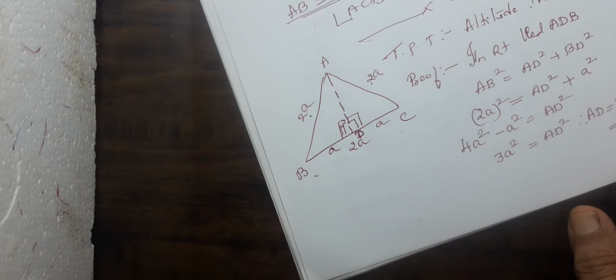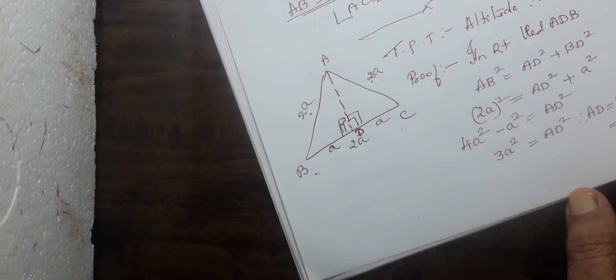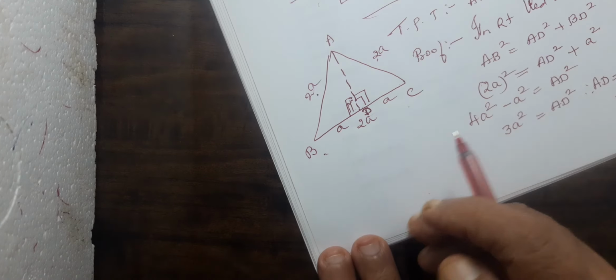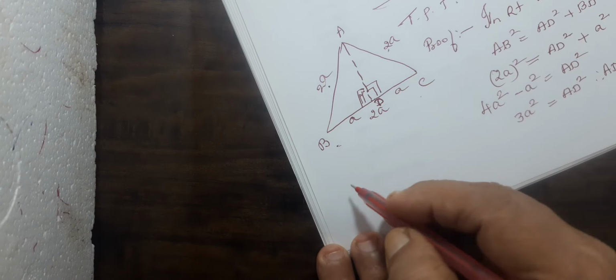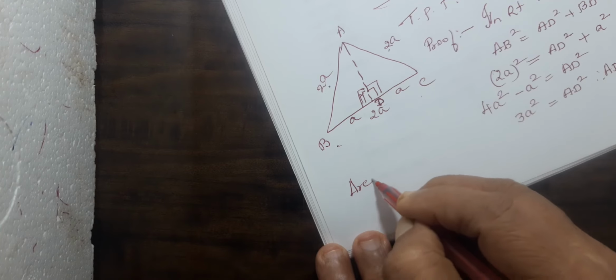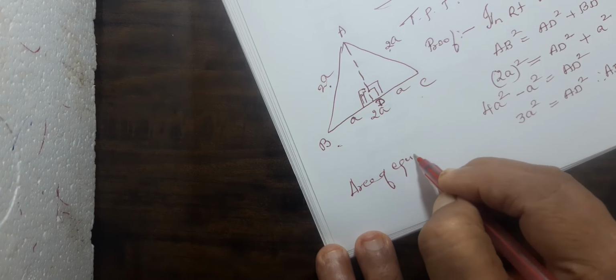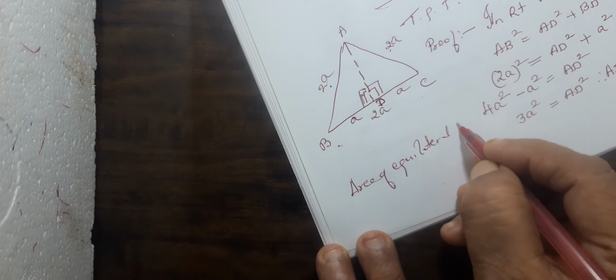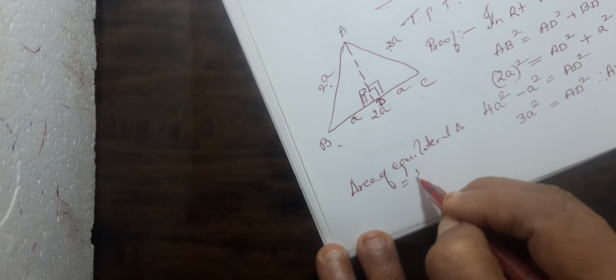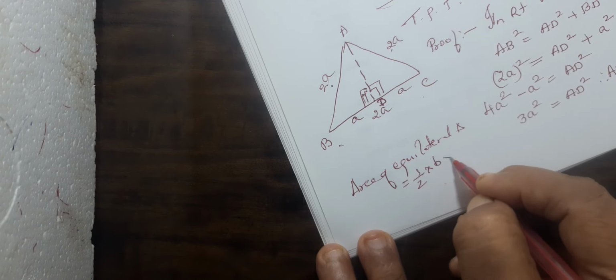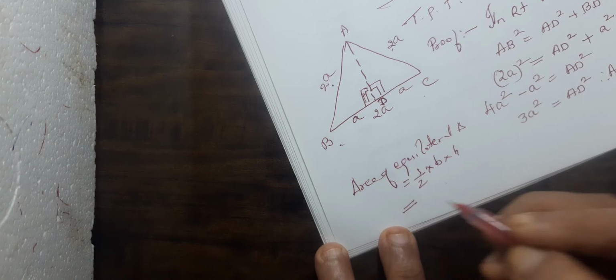And sometimes there may be another problem in which they ask, what will be the area of the equilateral triangle? Even this is just a triangle, so the area of it will be half base into height. The main formula is that only, but we come across it after substituting everything.